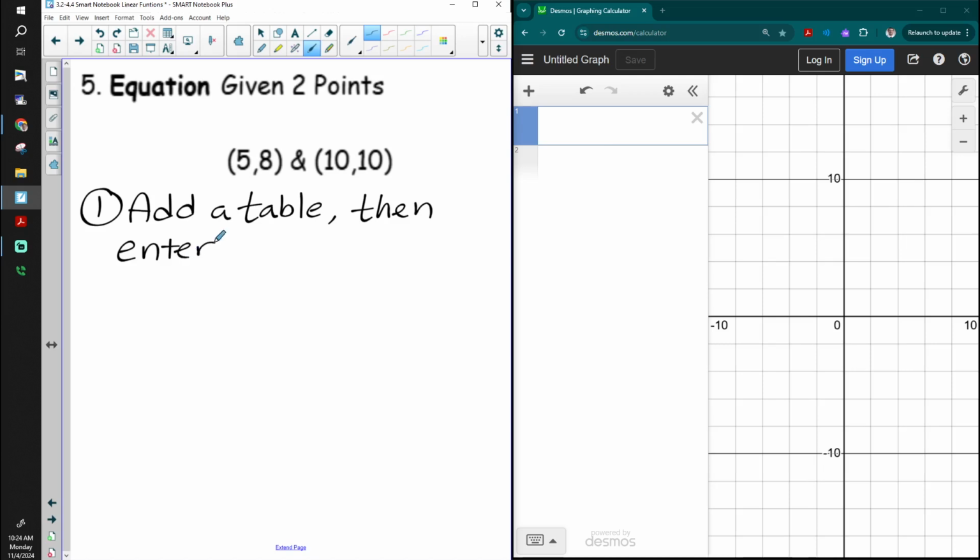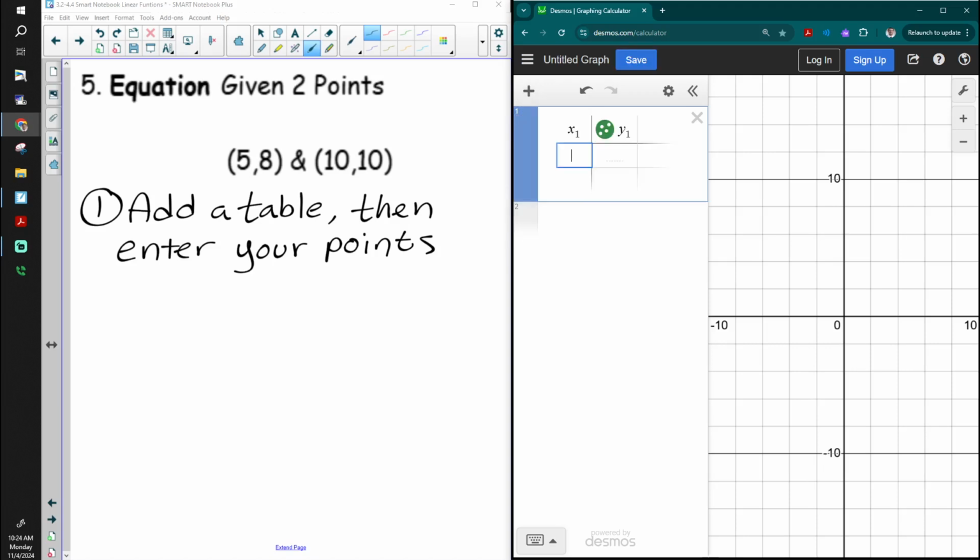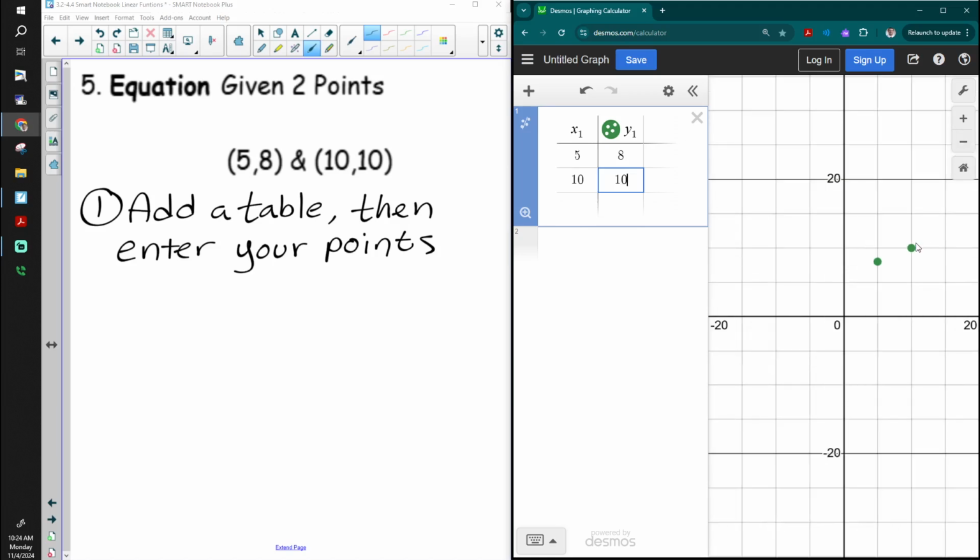Just like we did before. Add a table. We got 5, 8, and we got 10, 10. And zoom out, and you can see my 2 points.